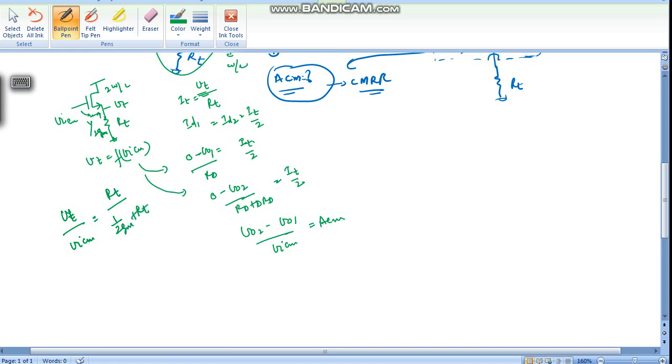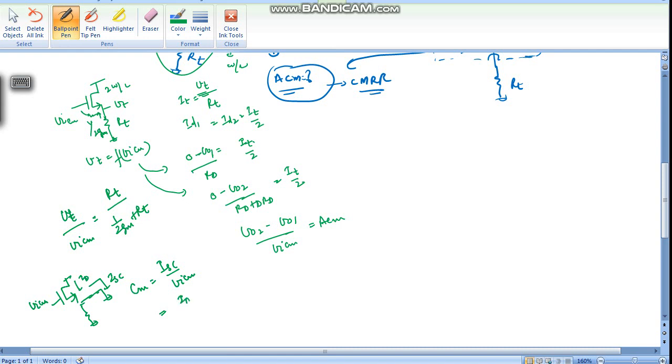Okay, let's find the gain and input output relationship. You see VICM. So first we will find GM for this circuit, ISC by VICM. ISC is basically equal to ID.